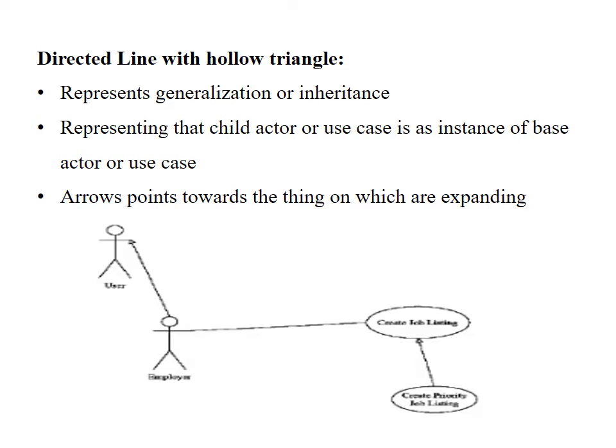Since this child class, child use case, it's not a class here, it is a use case. The child use case inherits properties from create job listing. The direction is represented towards it. The arrow mark points that the child class inherits properties of base class.